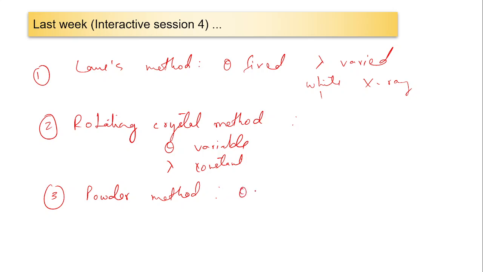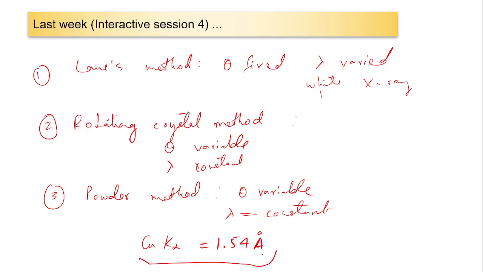Here also theta is variable, we rotate the powdered sample, and we use a particular wavelength, which, very popularly, is copper K alpha, 1.54 angstrom. This is very much used in usual material characterization.